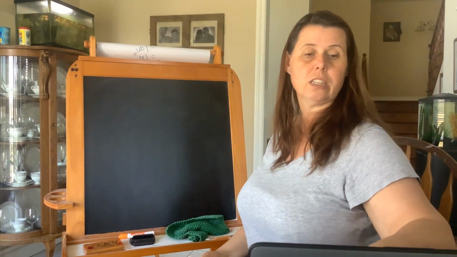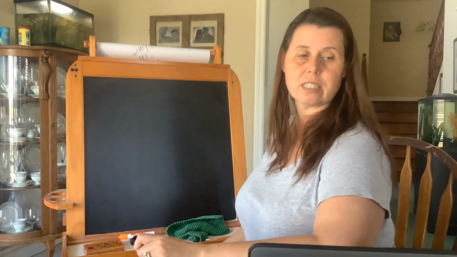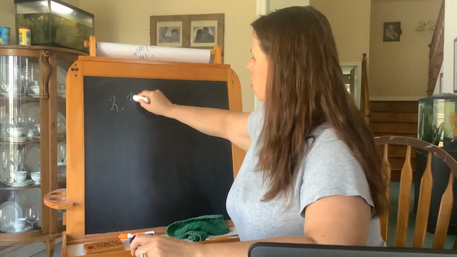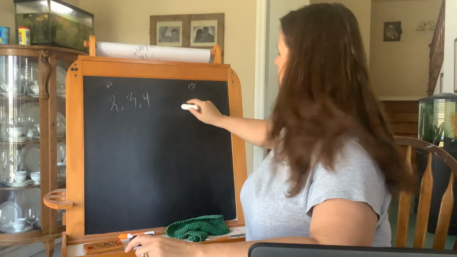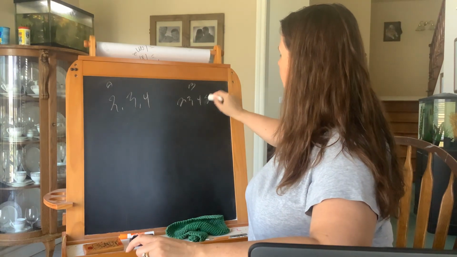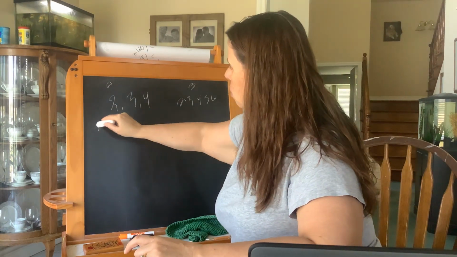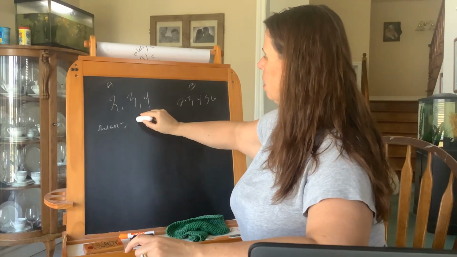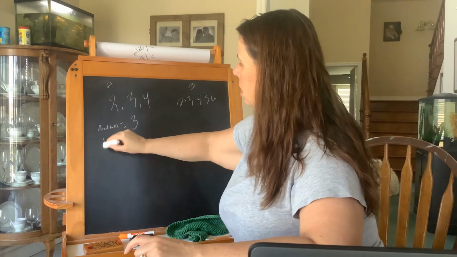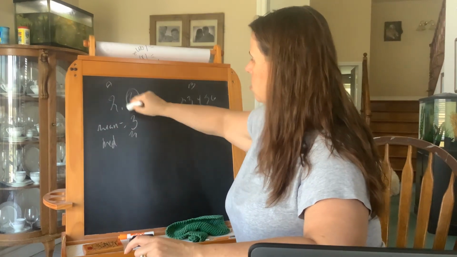Okay, find the mean, median, and mode of these sets. Set A, 2, 3, 4. That's A. B is 2, 3, 4, 5, 6. Okay, so mean, 2 and 3 is 5, is 9, divided by 3 is 3. Median, also 3, it's right in the middle.